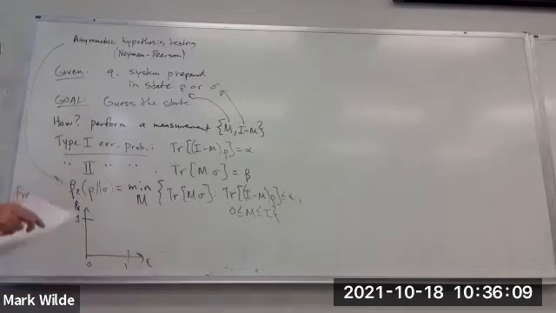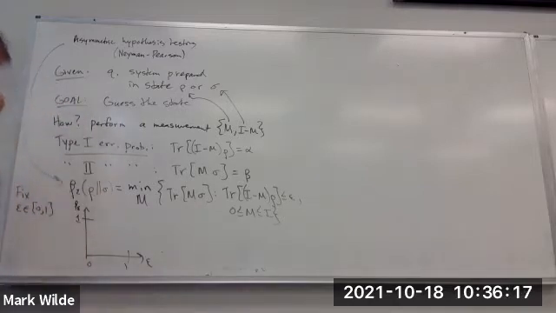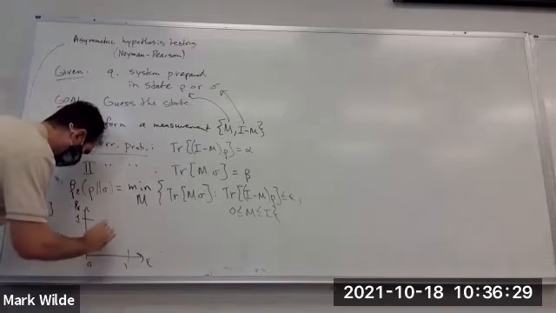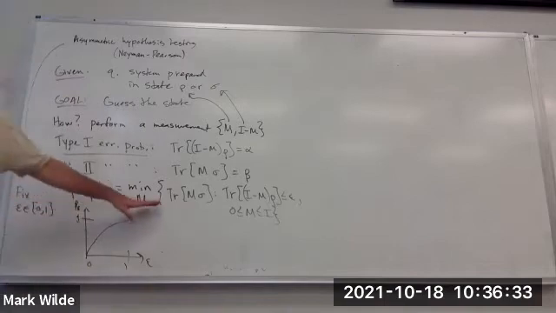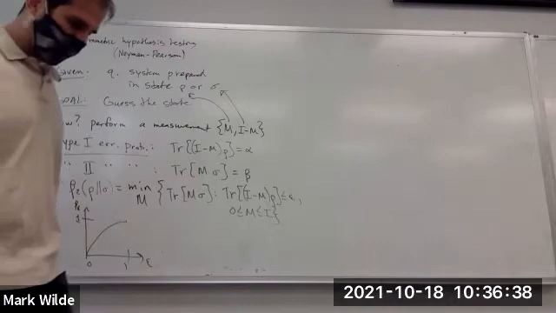I'm trying to remember if this curve is convex or concave. It goes one way or the other. All right, I'm just going to make a guess. Just go with it. Anyway, you can think of this as delineating some kind of trade-off curve for the error probabilities.